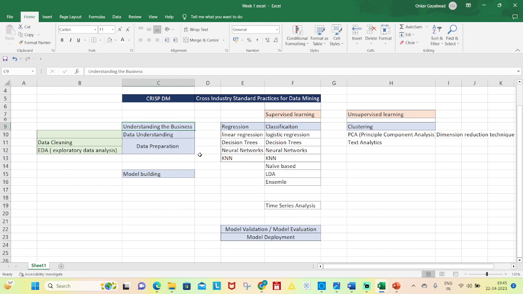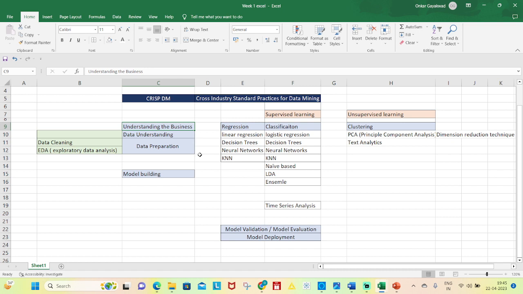Probably let me explain this with a very simple example. Okay, your stakeholder or your customer is a bank that provides a loan. It can be an unsecured loan, it can be a secured loan, right? So what are the factors that the bank looks at within its customers?